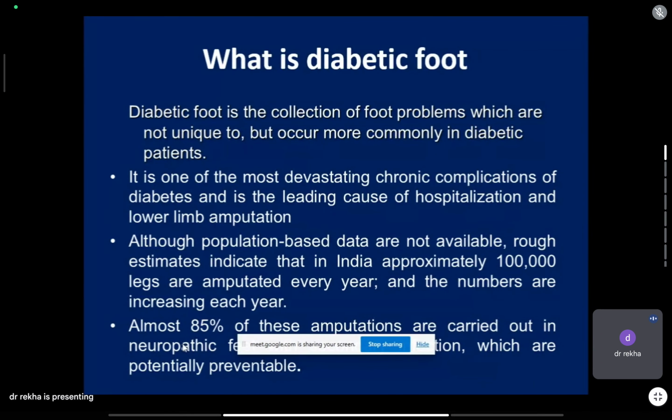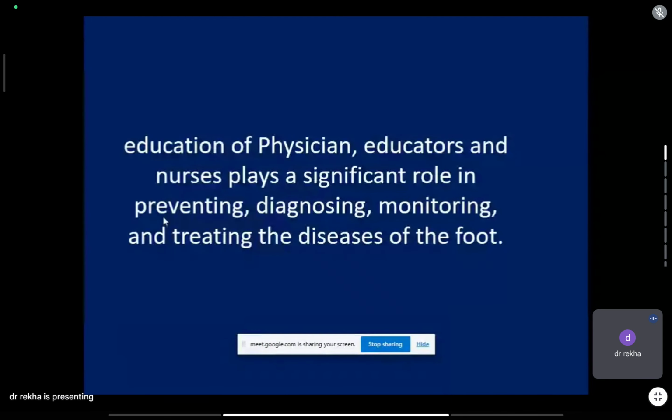Almost 85% of amputations are carried out in neuropathic feet, due to infection, and we can prevent this if we educate the patient and their family members. Education of the physician, educator, nurses, and definitely the family members plays a significant role in preventing, diagnosing, monitoring, and treating diseases of the foot.